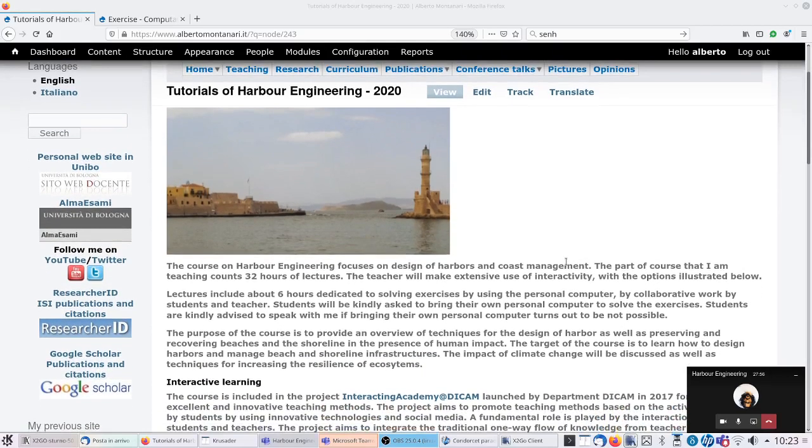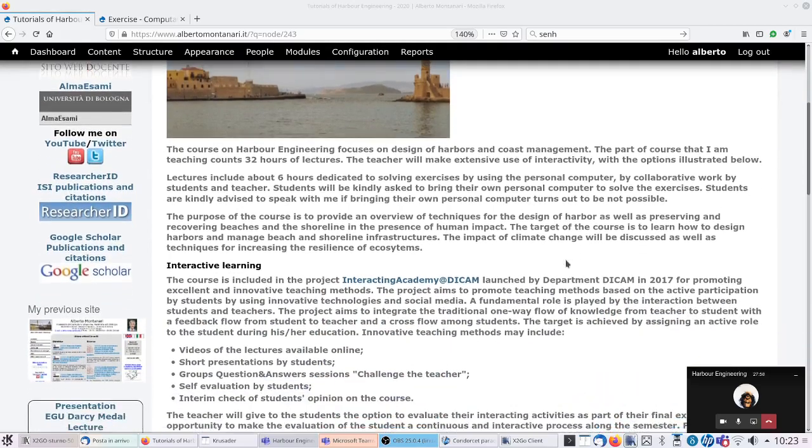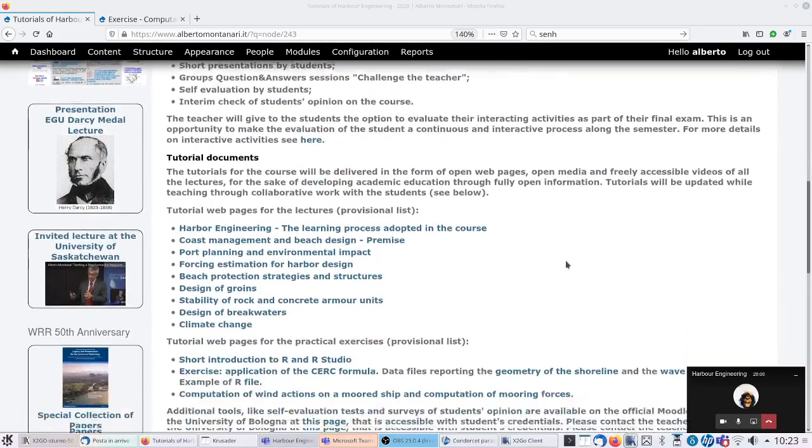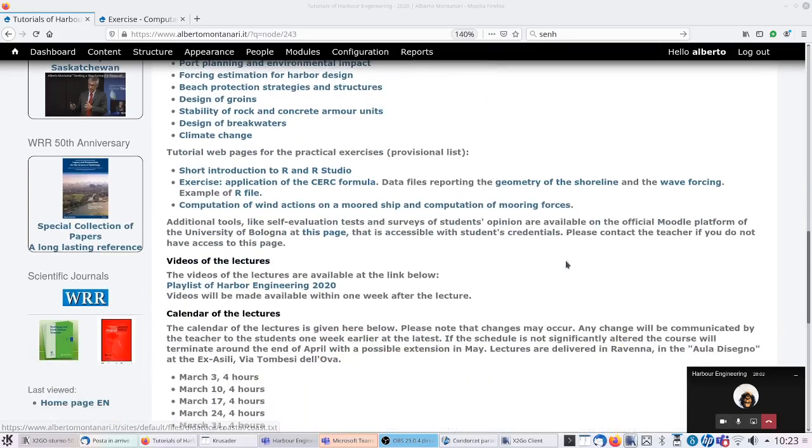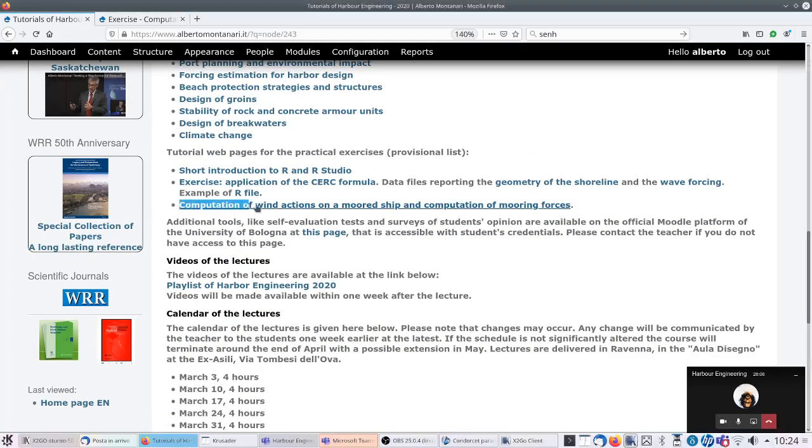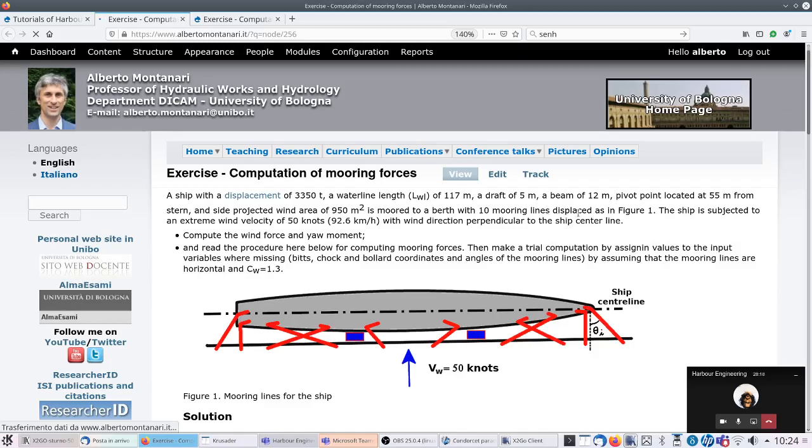This is the usual web page of our course, and now you see here an additional link: computation of wind actions on a moored ship, and the computation of mooring forces. If you click there, you see this exercise, and it is the first time that I structure an exercise through a web page.